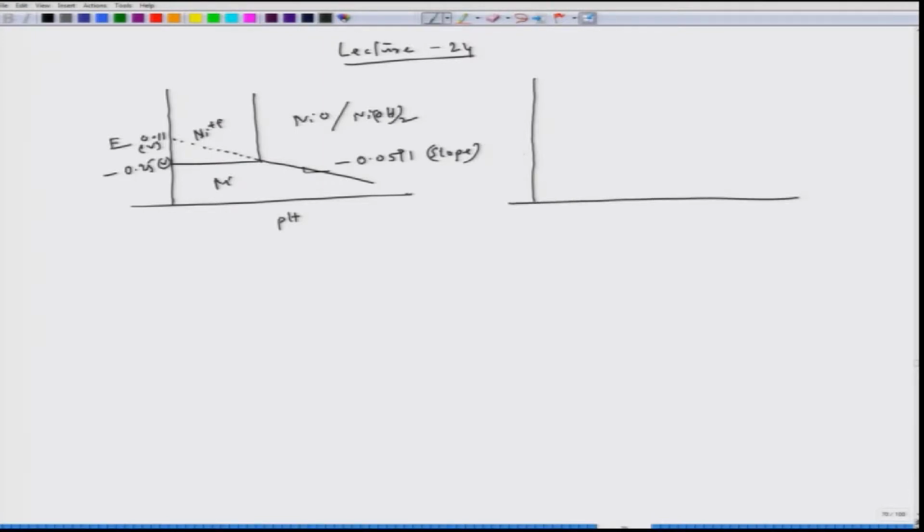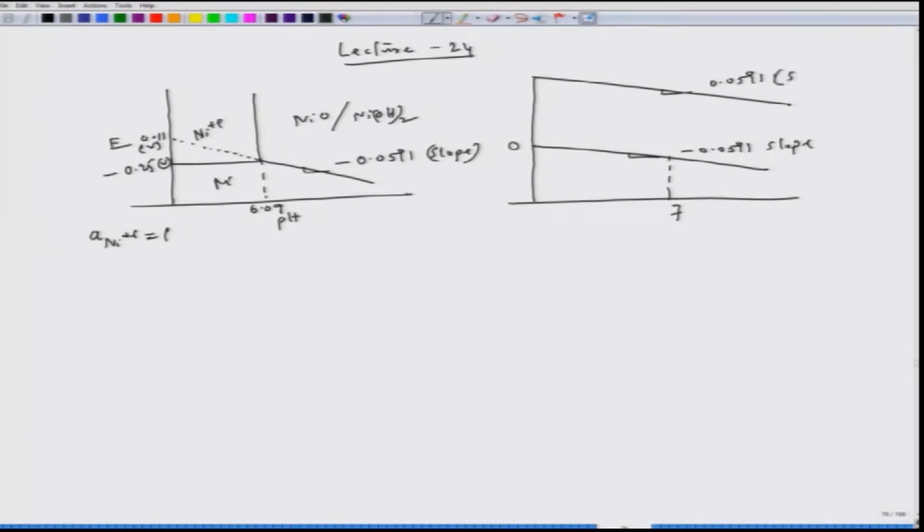The another set is reactions involving, let us say this is 0, slope was 0.0591. Of course, we have a pH 7 and here the pH is 6.09 when activity of Ni++ equal to 1, and there is one more line which has a slope 0.0591 with a minus sign.